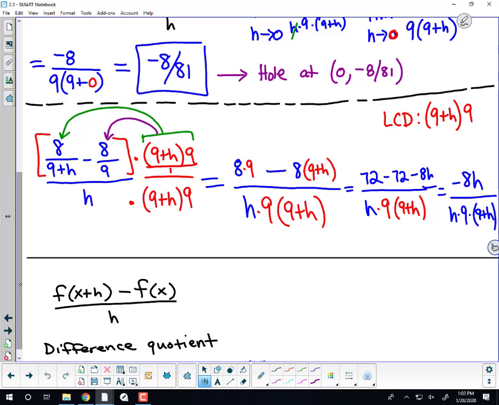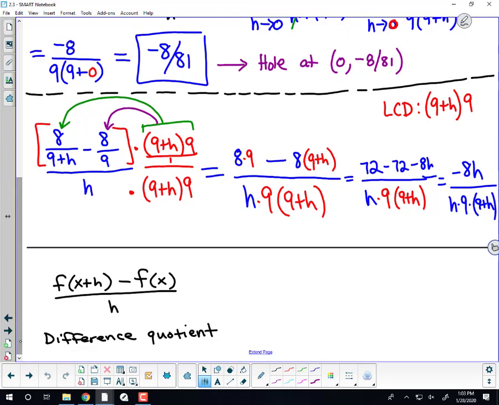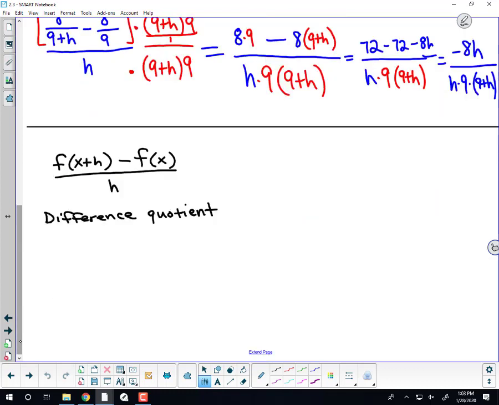What was the difference quotient anyways? Does anybody remember? Didn't it calculate the secant? Yeah, the slope of the secant line. That's just the slope between 2 points on a graph.